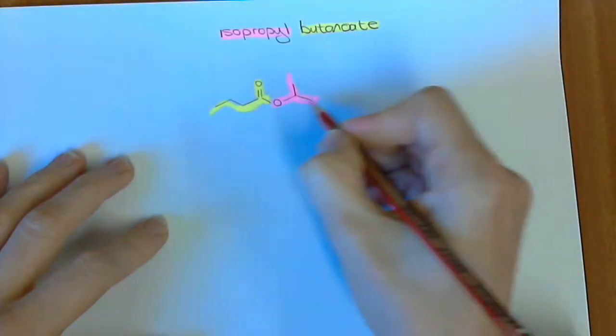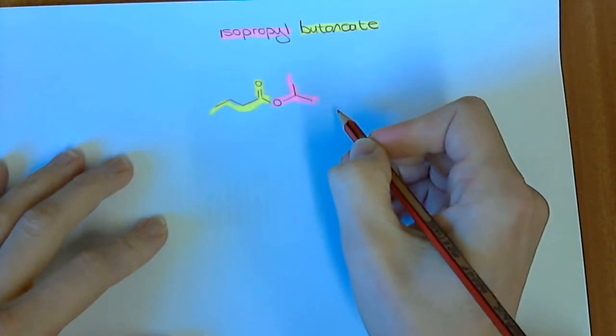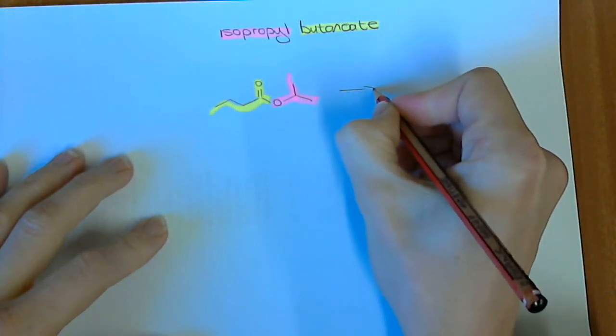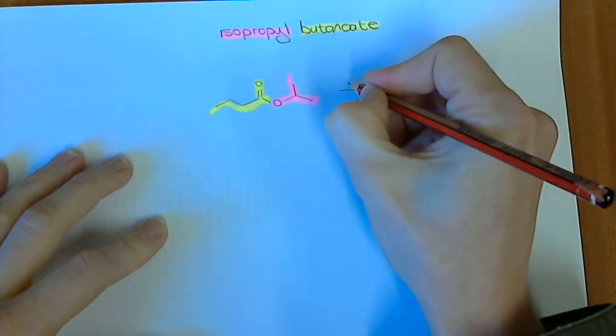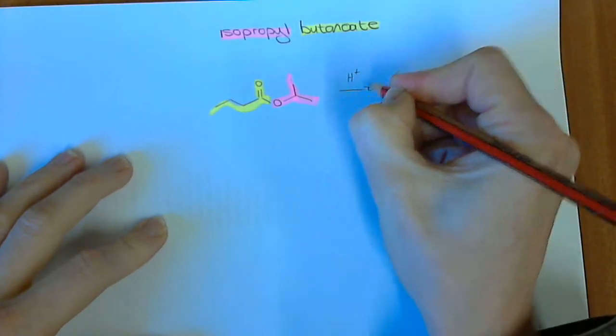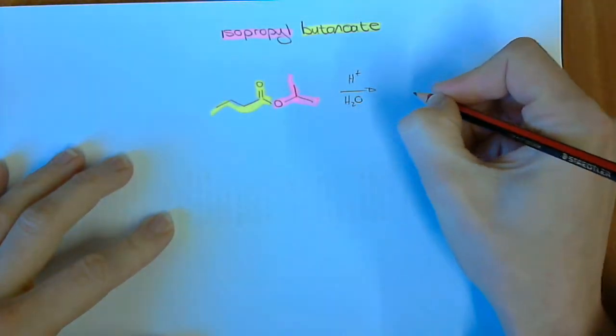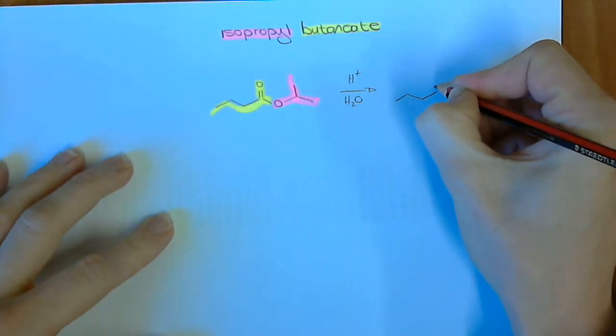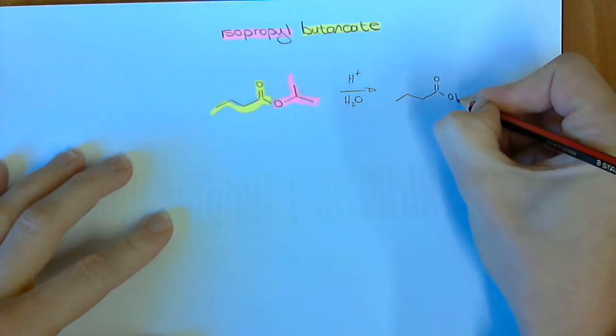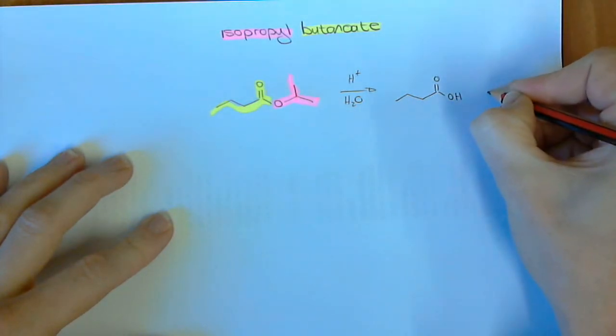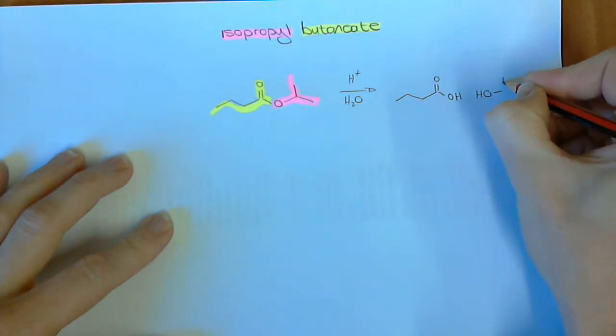All right, if we hydrolyze these and we use, for instance, some sort of acid plus lots and lots of water, then the product that we get will be the butanoic acid plus isopropanol.